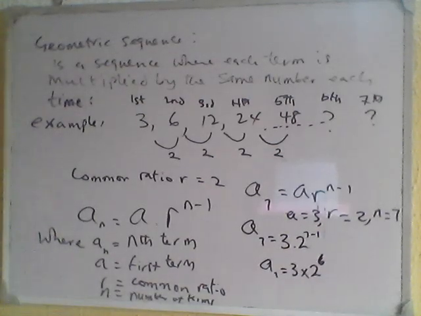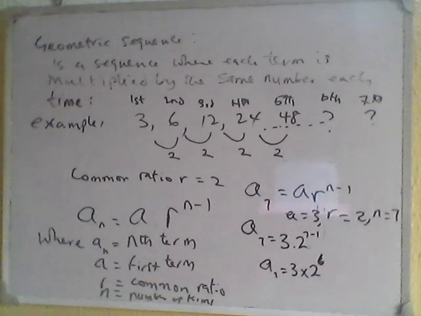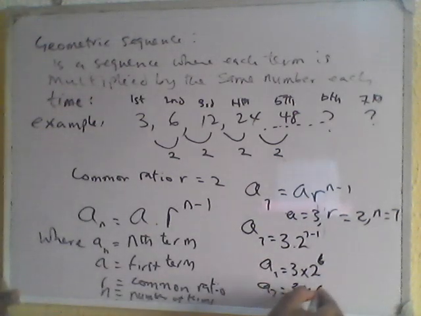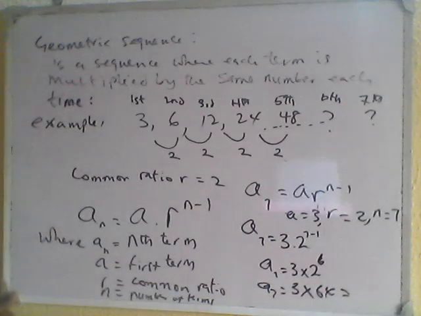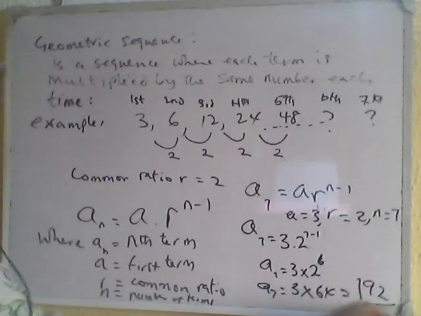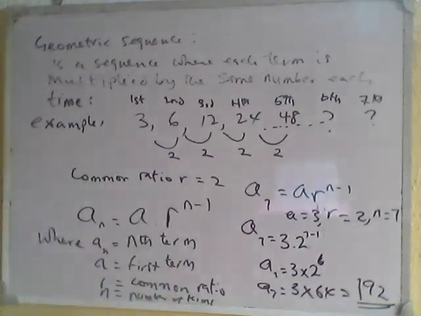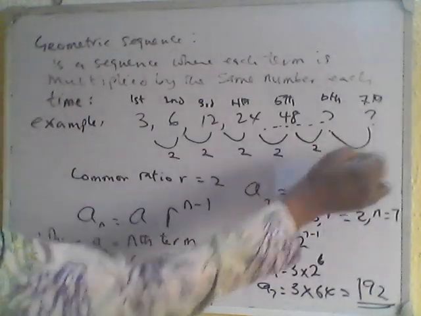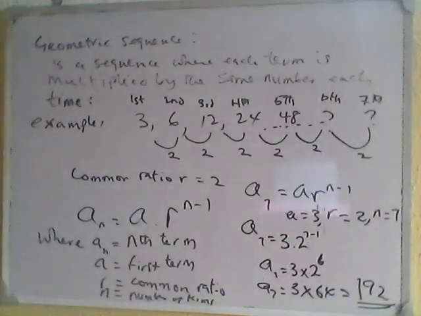So a7 is equal to 3 times 64. 3 times 64 will now give us, let's do the maths together, 192. So 192 is the seventh term of this particular sequence. If you multiply this by 2, for instance, and this by 2, you get to this point. All right.